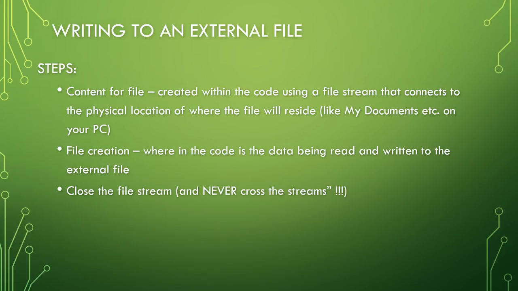The file creation itself is where in the code the data is being read and written to the external file. And then we have to close the stream and never ever cross the streams.